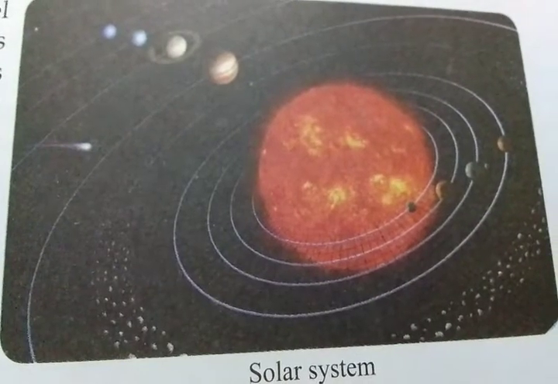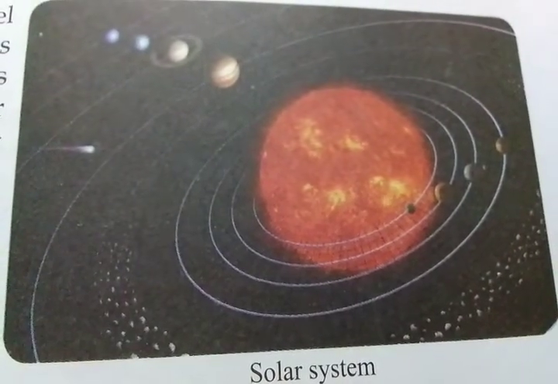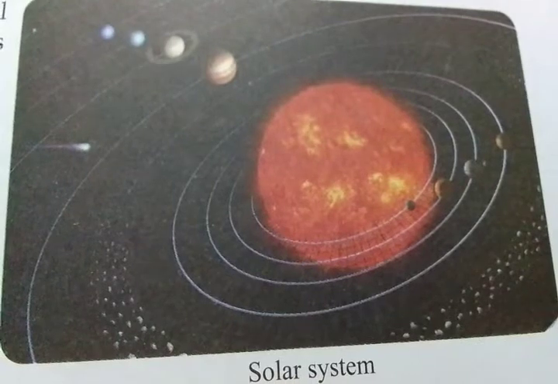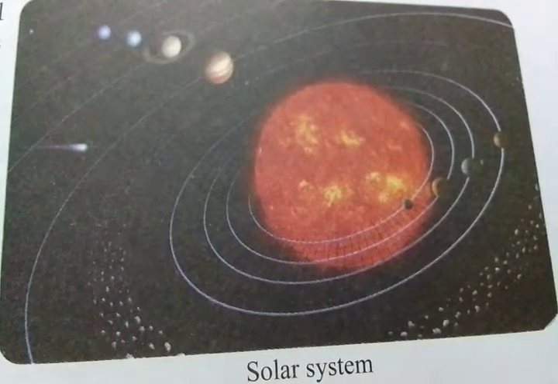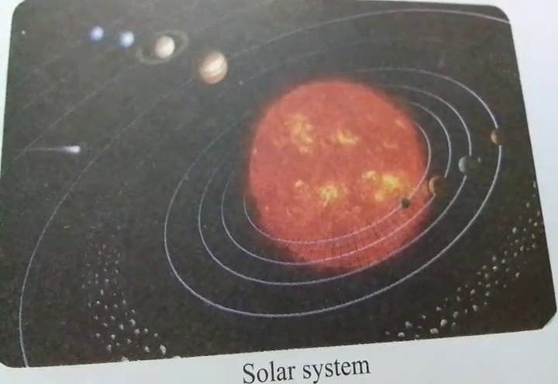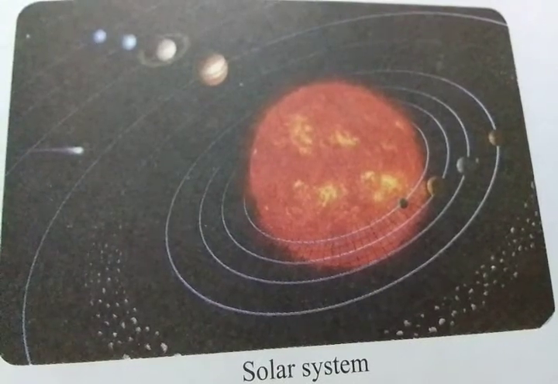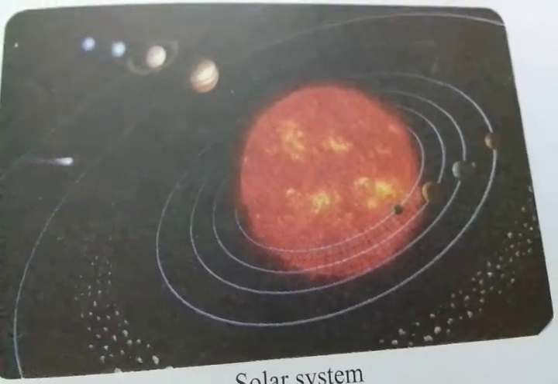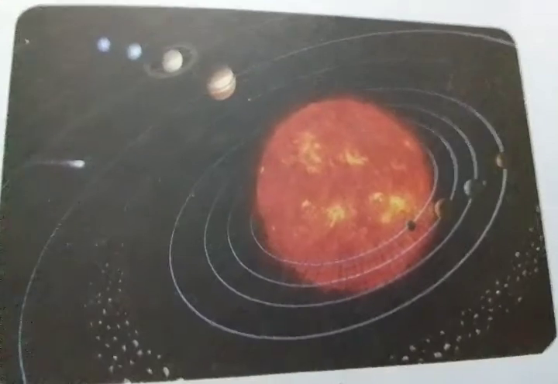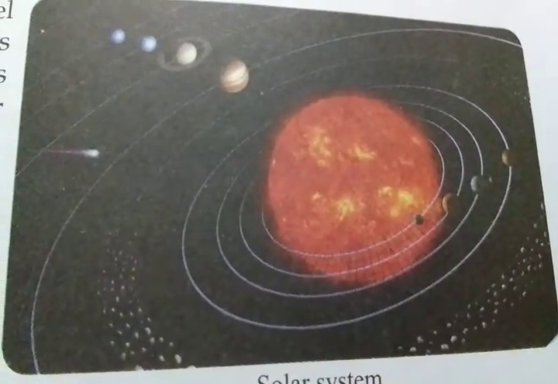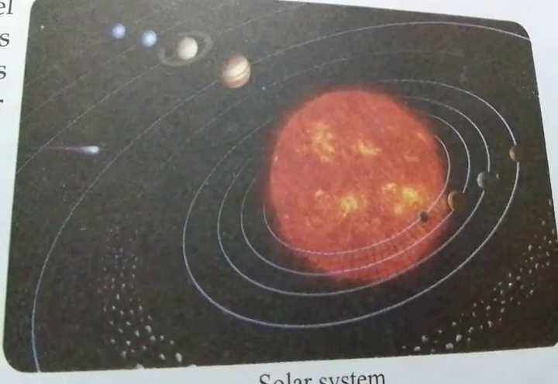The solar system holds 8 planets and countless smaller objects in its orbit with its gravitational force. According to the distance from the sun, there are 8 planets in the solar system.